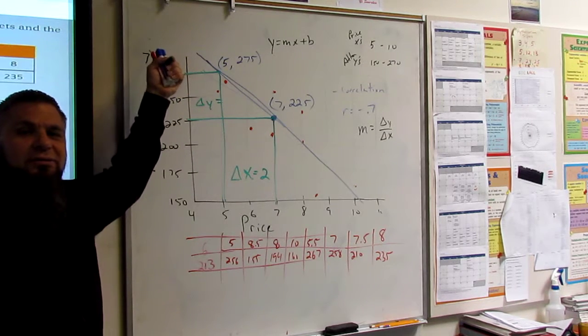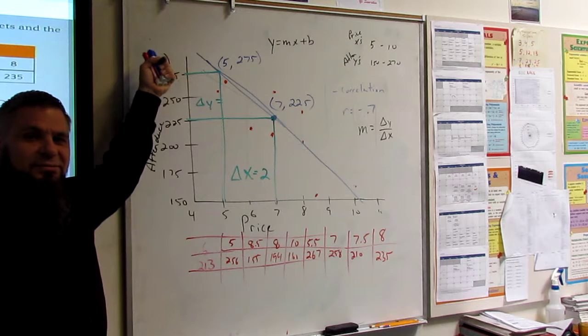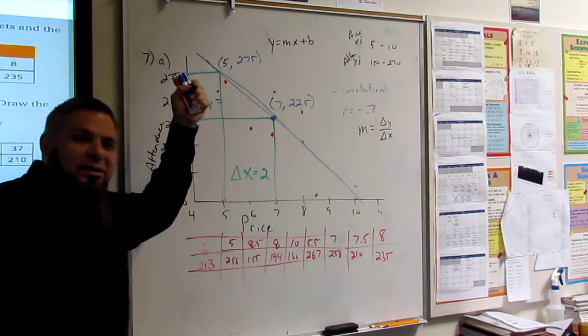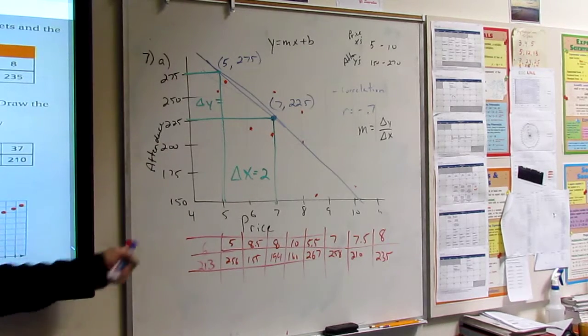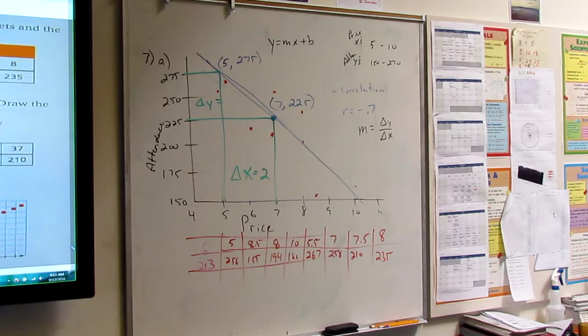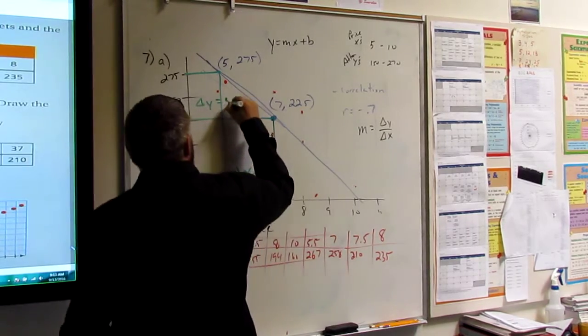Erica? Dorina? The change from 225 to 275.